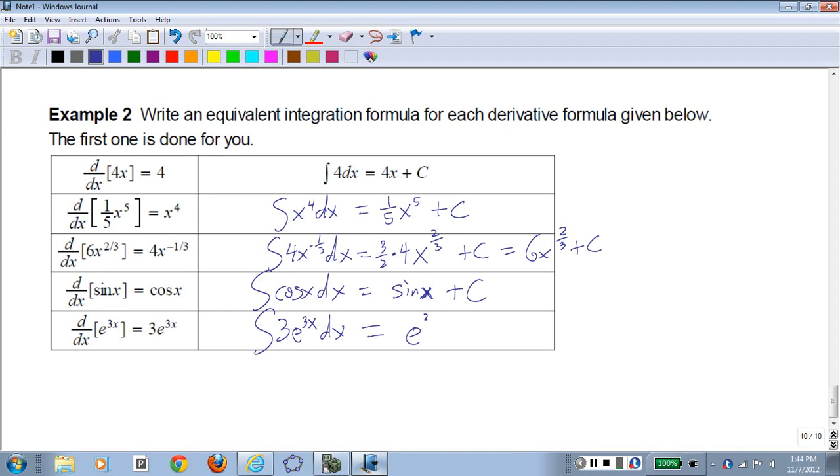But it's e to the 3x plus c. e to the 3x is one function you can take the derivative of and get 3e to the 3x. Every other function that you can take the derivative of and get 3e to the 3x is of this form, e to the 3x plus c.